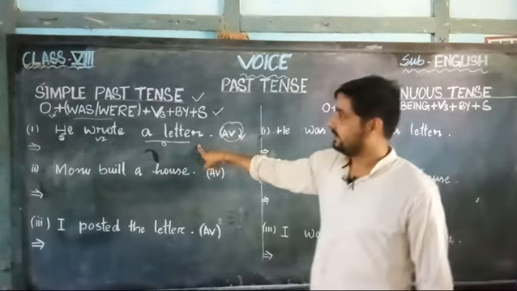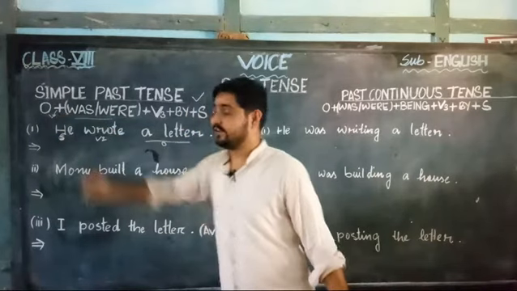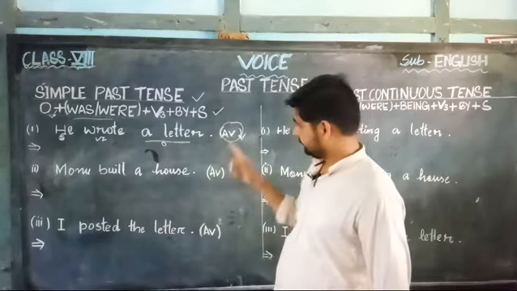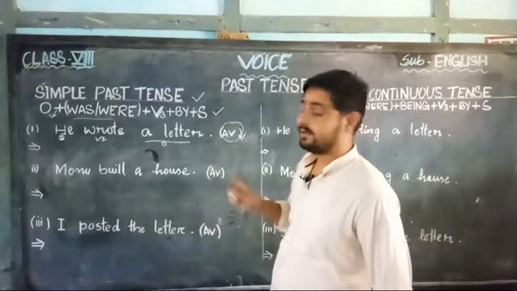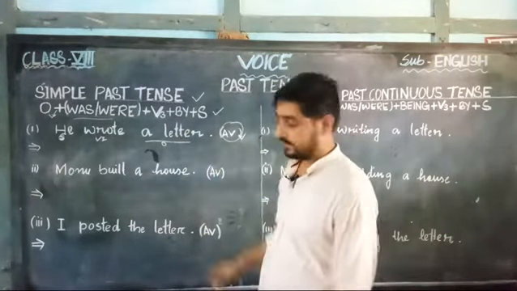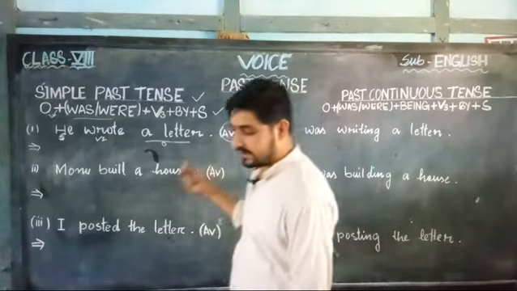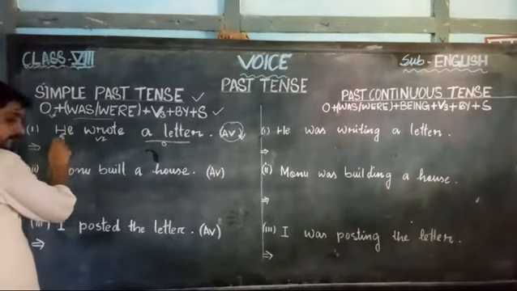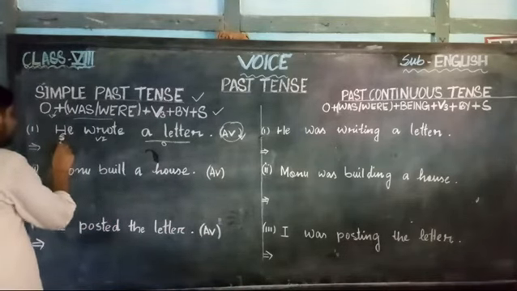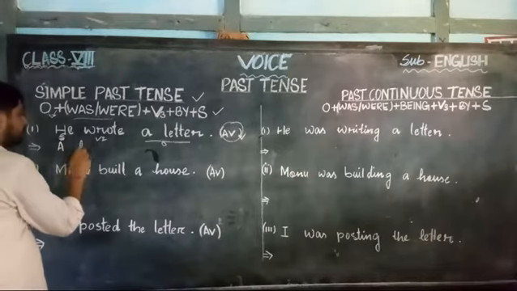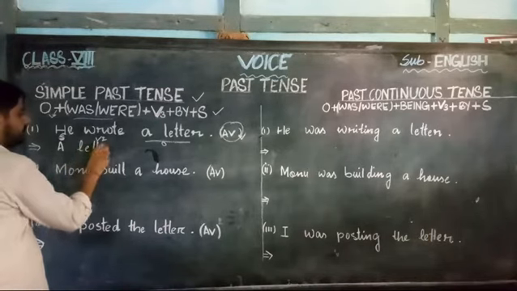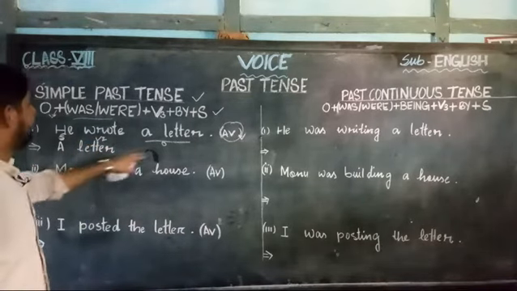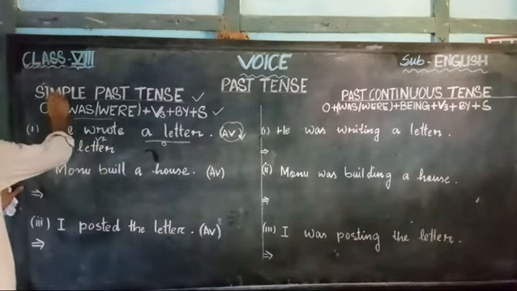In the rule, first the object is there, and in this sentence, a letter is the object. So we will write a letter. We have written it. Now the object is clear.